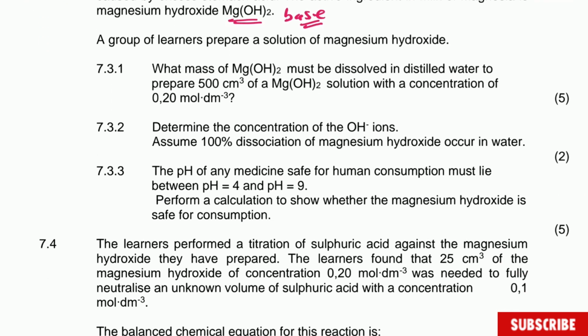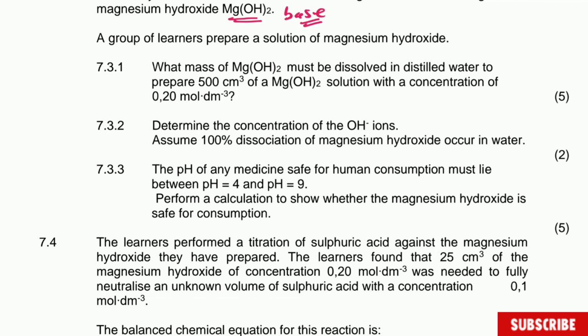It's a very simple calculation. What we have there is the volume in which we are going to prepare. The volume of this solution is equal to 500 cubic centimeter, but you cannot work with cubic centimeter, so we are going to convert to cubic decimeter. Remember to do it by dividing by 1000, so let's do it here, and this is equal to 0.5 cubic decimeter.